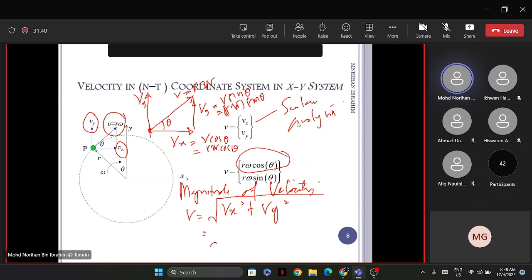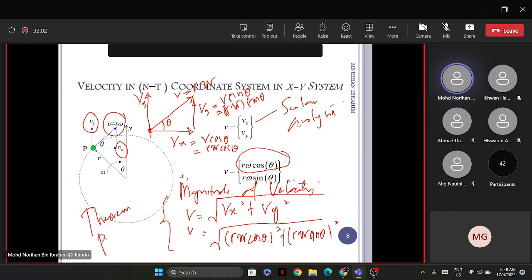And that is equal to R omega cos theta to the power of 2 plus R omega sin theta to the power of 2. So we need to apply the Pythagoras theorem.